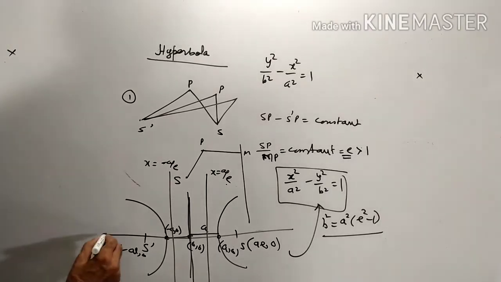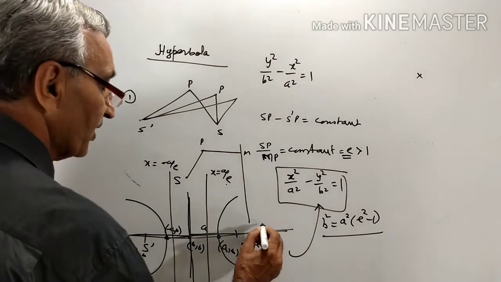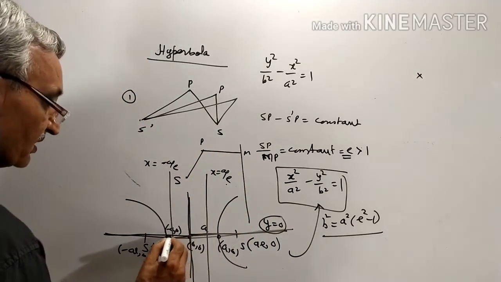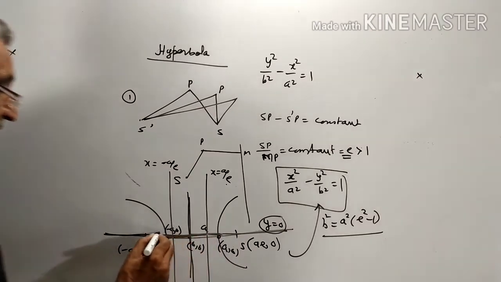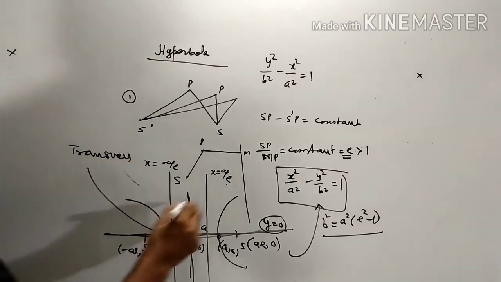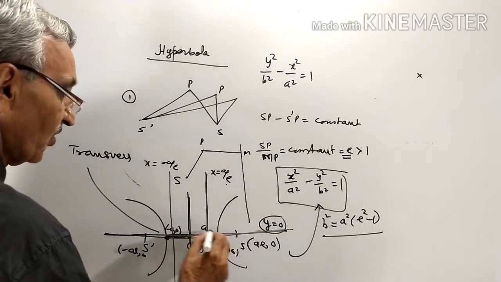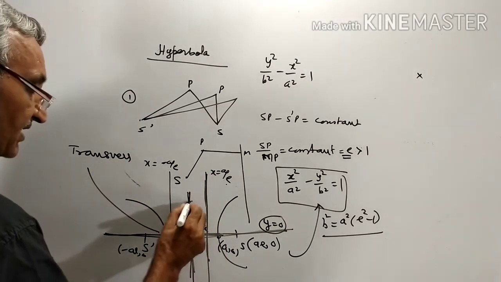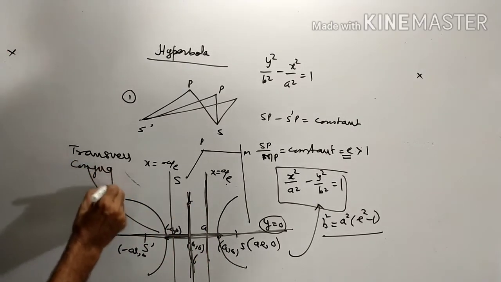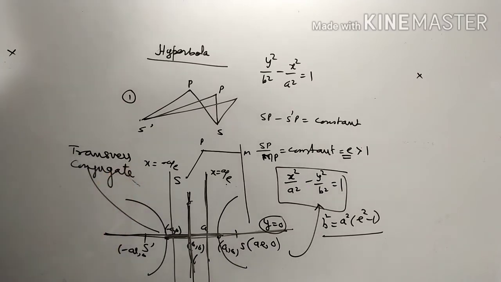The axis of the hyperbola is y is equal to 0. This axis is known as the transverse axis. And this axis, which does not meet the curve, there is 2b. This is known as the conjugate axis, as the word is very familiar in complex numbers.